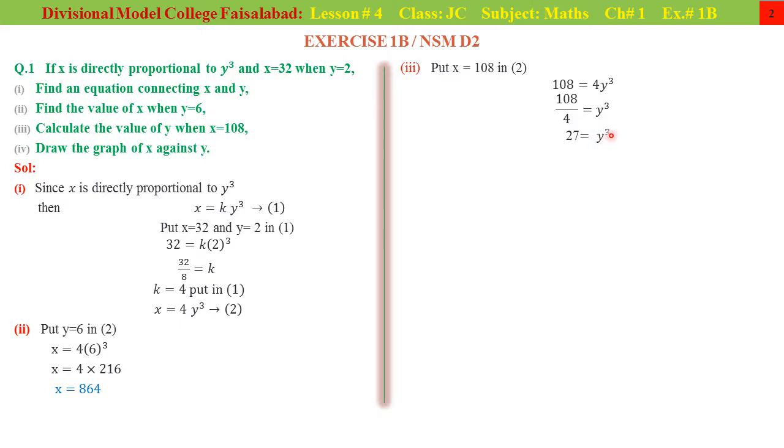So to find the value of y, we will take the cube root on both sides. Removing the cube, we take the cube root of 27, which gives us 3, and the cube root of y cube is y. So the value of y is equal to 3 when x is equal to 108.